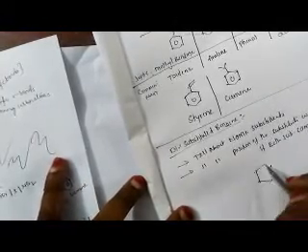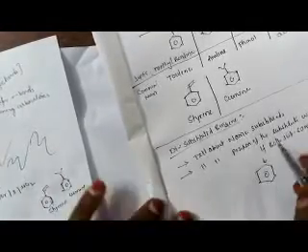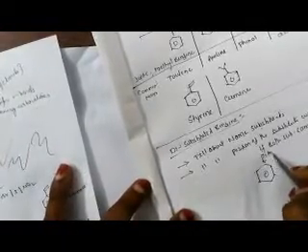So this positional nomenclature of the benzene is like this. This position is called ortho position.